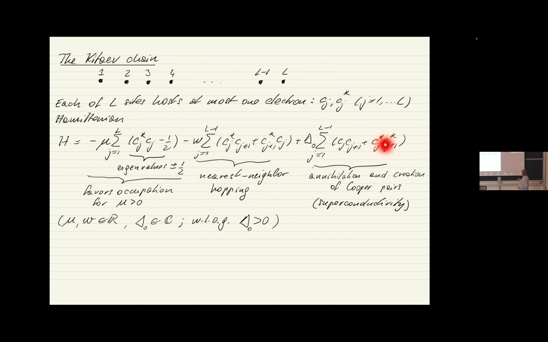In any event, without loss of generality, one can do a certain unitary transformation so that delta naught becomes positive. It's like having a point on a circle and you rotate it so that it's on the positive real half axis. So that is the model.